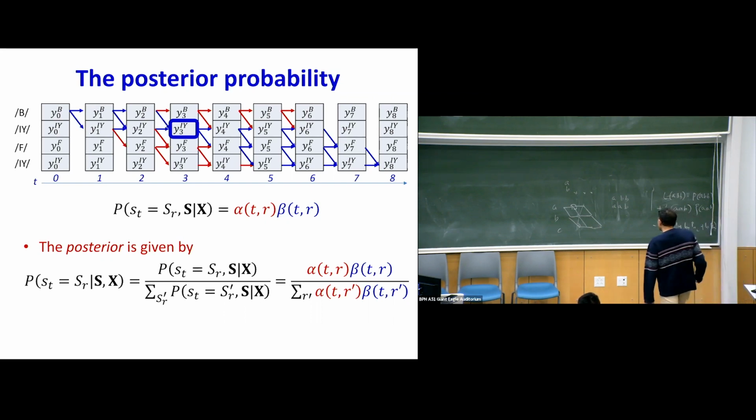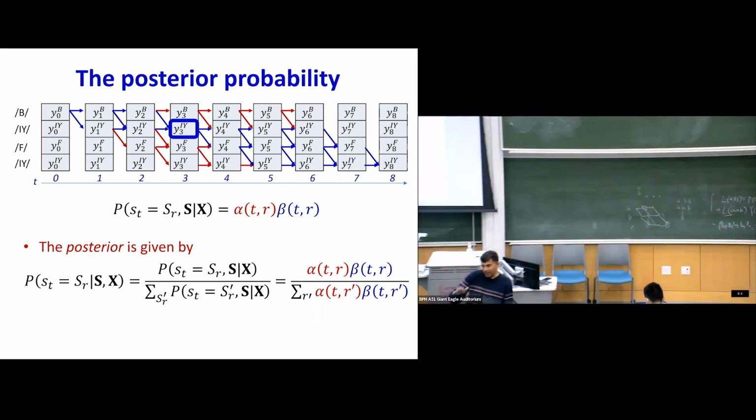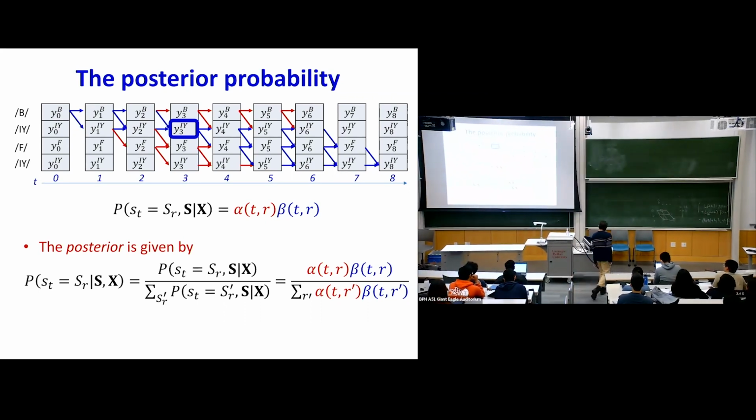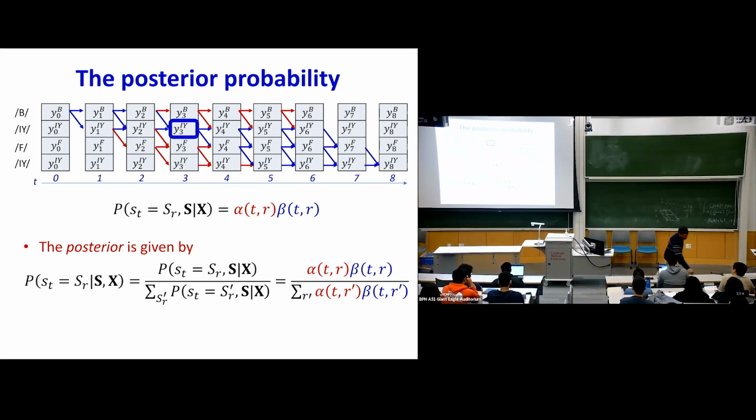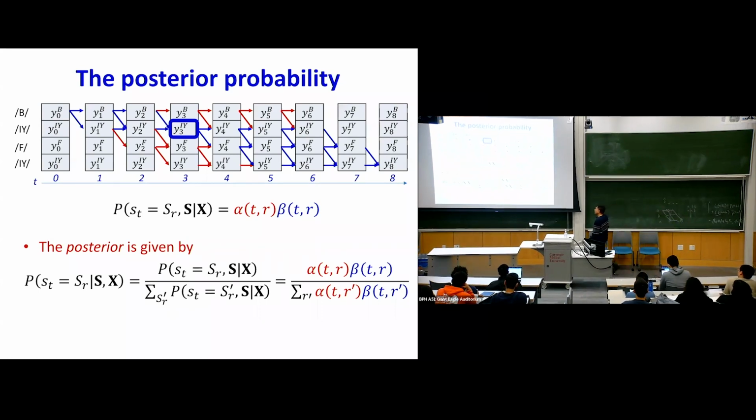And so, which is also going to be the product of alpha and beta over here, right? Okay, so if I want to convert it to a conditional probability, I have to divide it by P(S), right? And alternately stated, the product of alphas and betas at any node, if I sum the product of alphas and betas over here, that's not going to be 1, right?